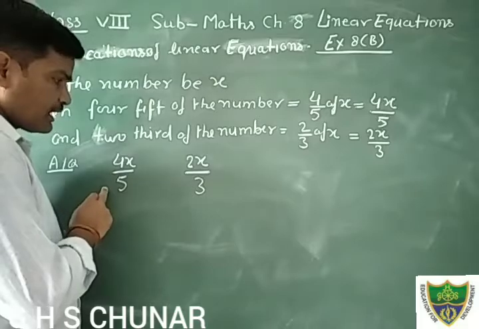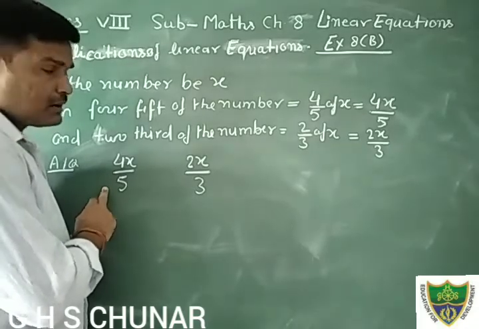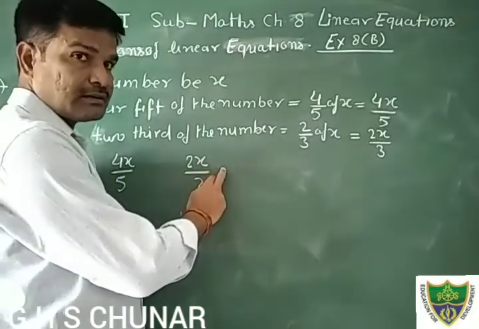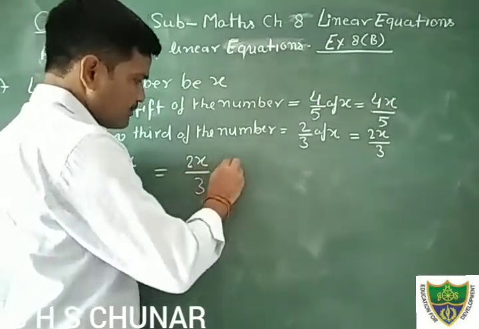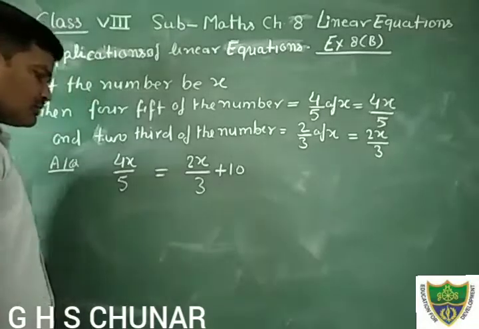So if we subtract 10 from it, or if we add that 10 to the other side, they will be equal. So we write plus 10. Now it is your equation.